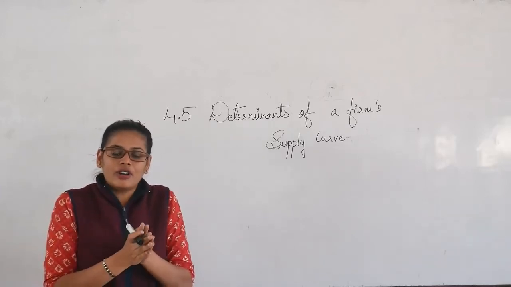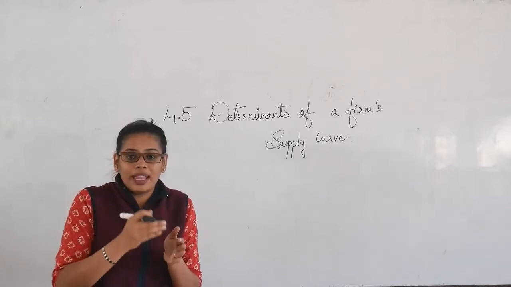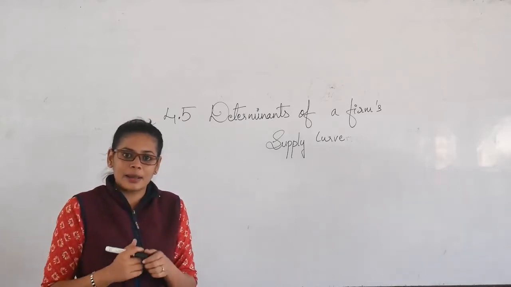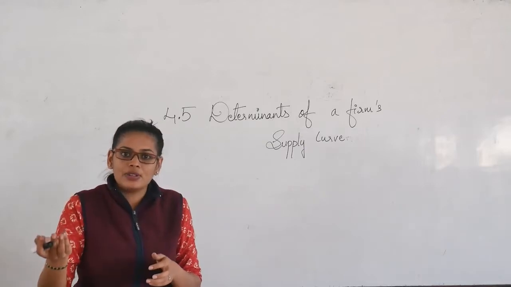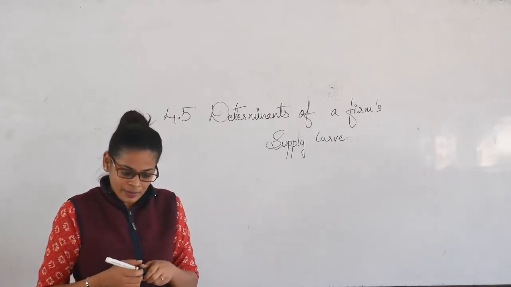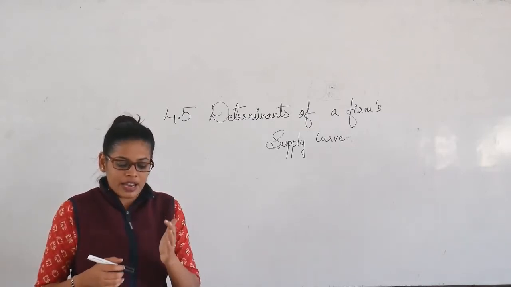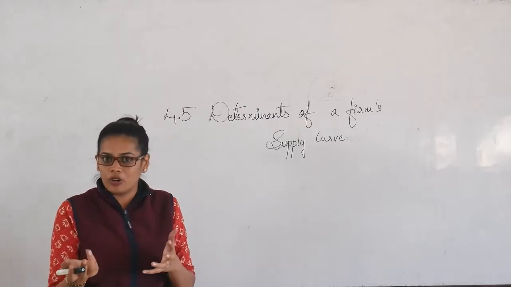So innovation or technology is also a factor which has an effect on the supply curve. What happens to the supply curve if this factor affects it? It is expected that this will lower the firm's marginal cost at any level of output.